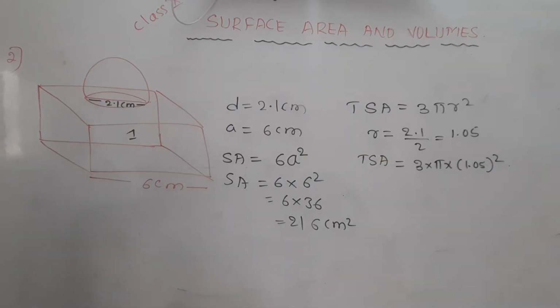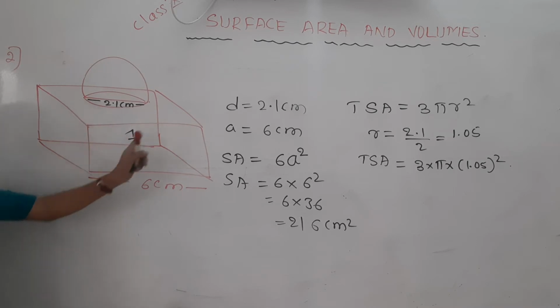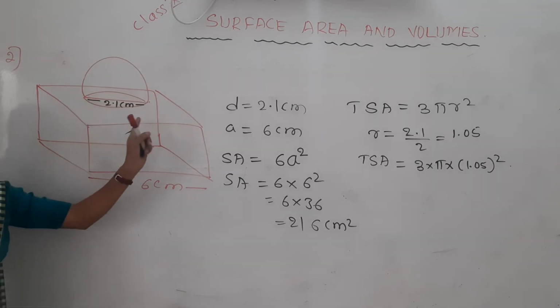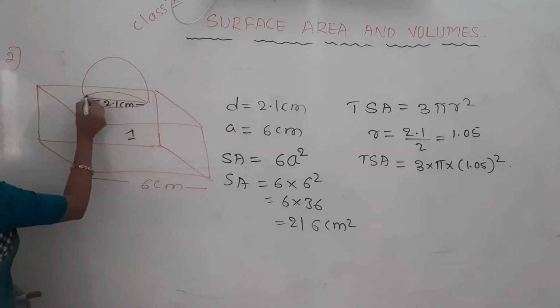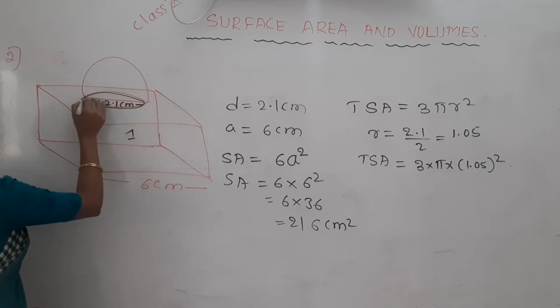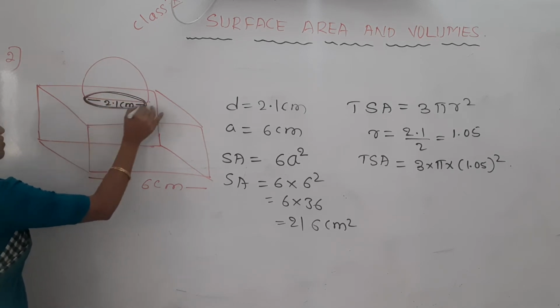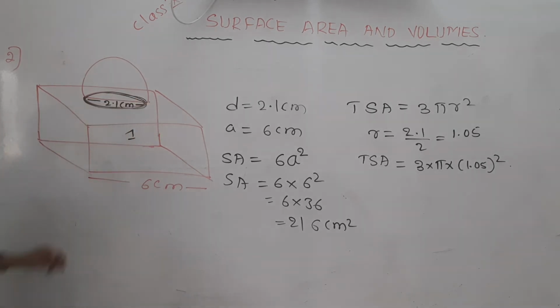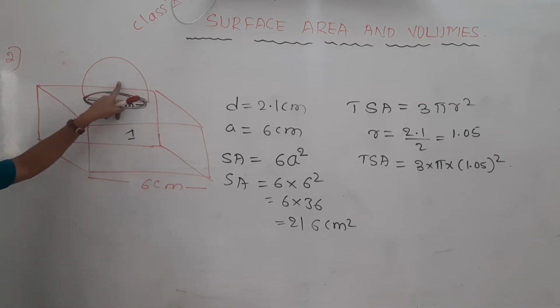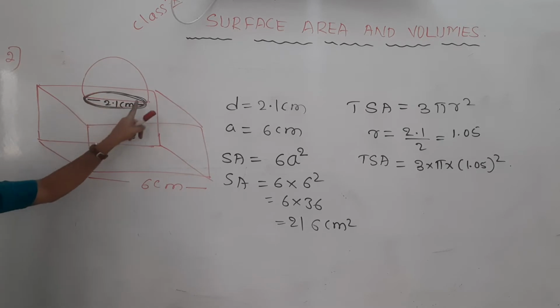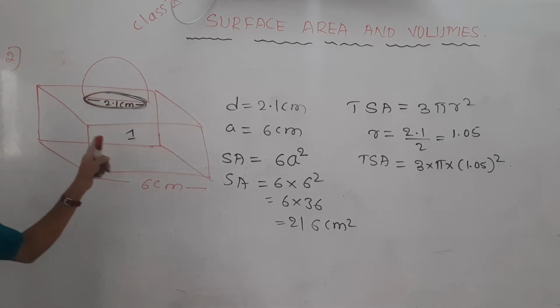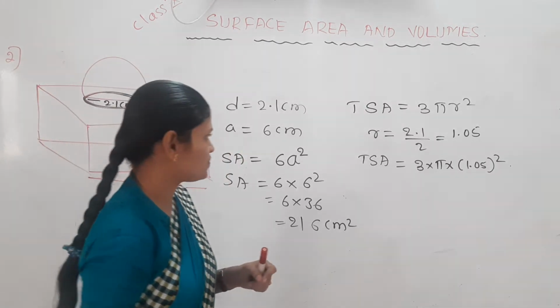Now, for the total surface area of this block, this circular area we are not painting here. So in the total surface area of the cube and hemisphere, we have to remove the area of this circle. What is the area of the circle? Pi r square.